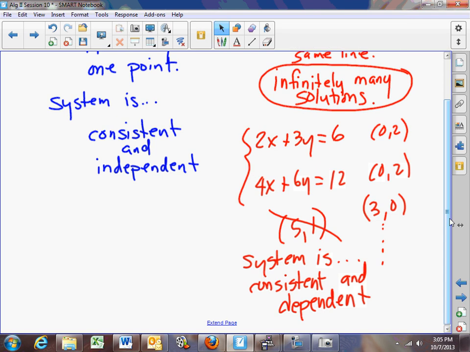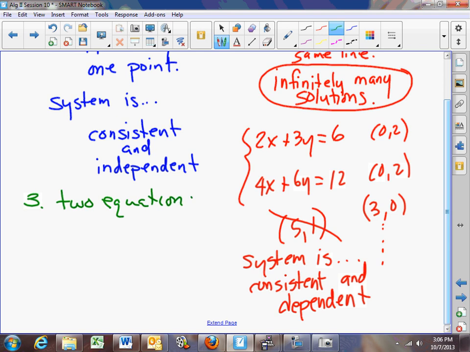Now, the third thing that could happen is we could have two equations that name parallel lines.